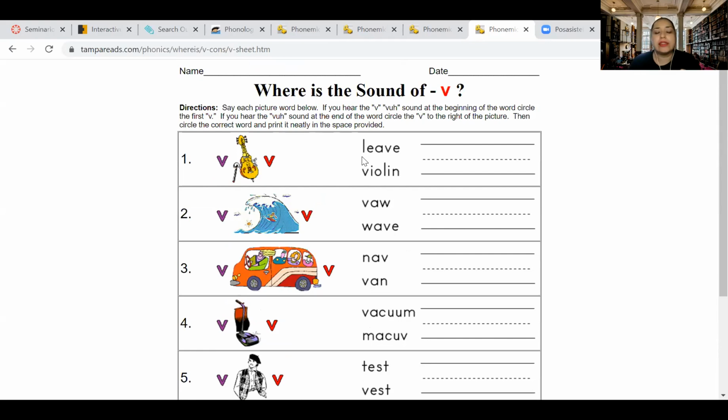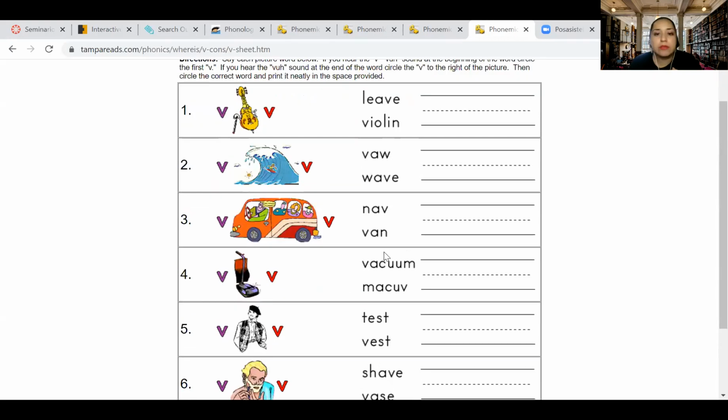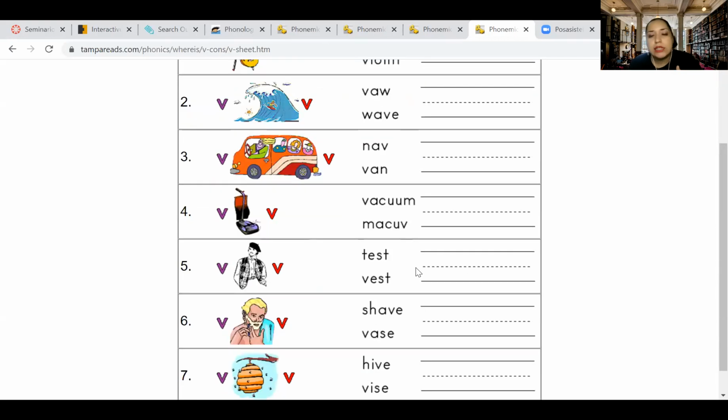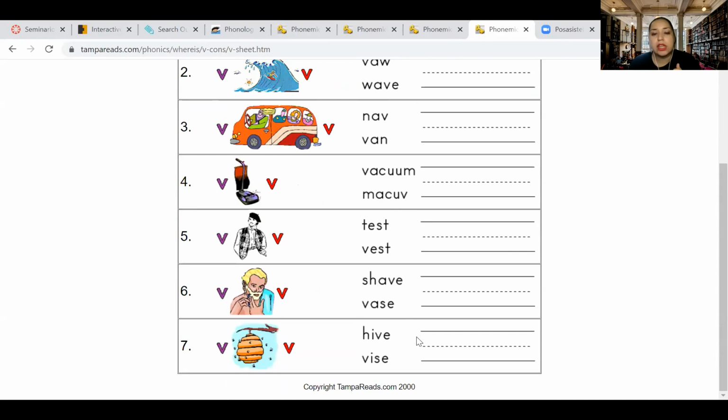So don't just say, oh, it's here in this one. No. Say it. Leave, violin, wave, van, vacuum, vest, shave, base, hive, vice.